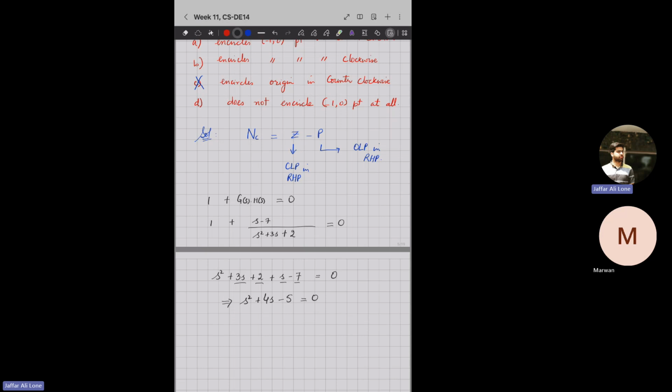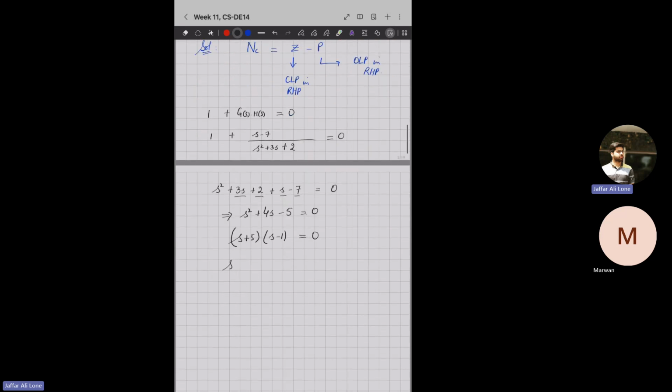So the closed loop equation that I got is S square plus 4S minus 5 equal to 0. If I solve it, I'll get S plus 5 and S minus 1 equal to 0, which means my S is either minus 5 or plus 1. So that means my Z is equal to 1. Why? Because there is one pole in the RHP.